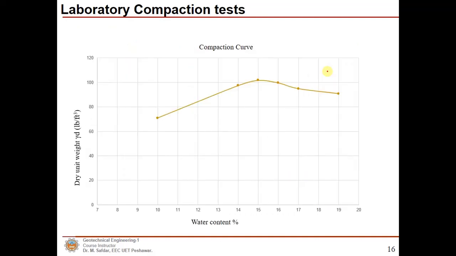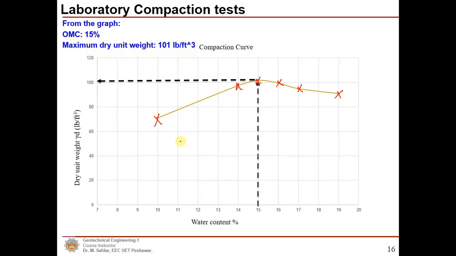Once we obtain various values of the dry unit weight, we can plot these values using Excel, and then we can easily find the optimum moisture content and the maximum dry unit weight. The values obtained here for the optimum moisture content will be 15% and the maximum dry unit weight will be 101 pounds per cubic foot from that compaction curve.